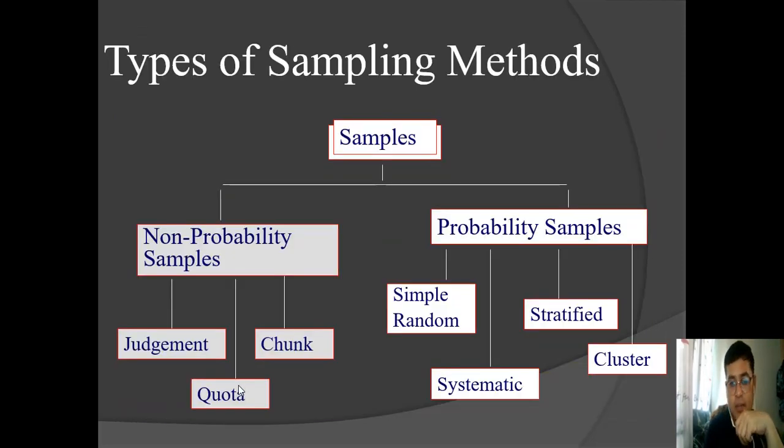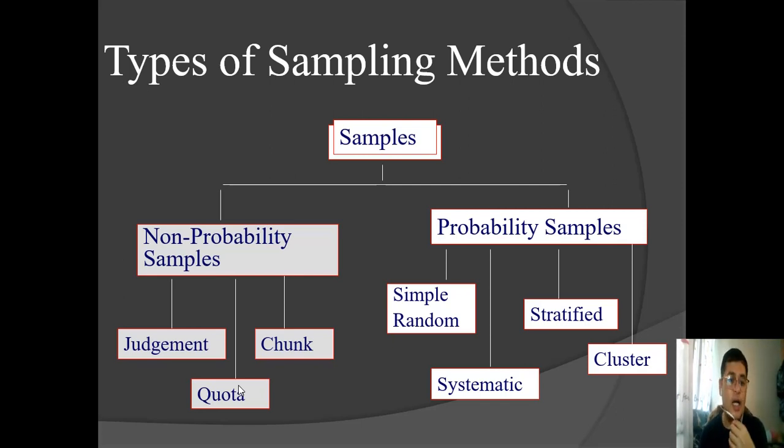So types of sampling methods in illustration, so say for example, samples. So non-probability sample, we have judgment, non-probability chunk quota, meron pa dyan yung tinatawag na referral system, yung snowball, and a lot more. Pwede din dyan ang purposive sampling.